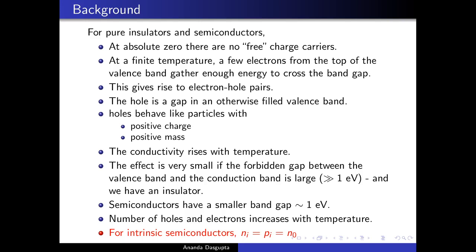The concentration is what I call n_0 here, and n_0 depends only on the temperature. It's actually a rather sharply increasing function of the temperature. So this is one fact you have to keep in mind. Electron-hole pair formation because of temperature increases rapidly with temperature. This is going to be crucial in order to understand various features and problems with semiconductor devices.